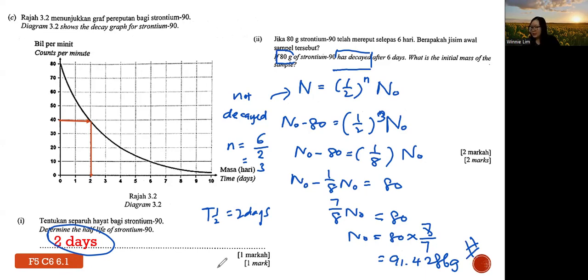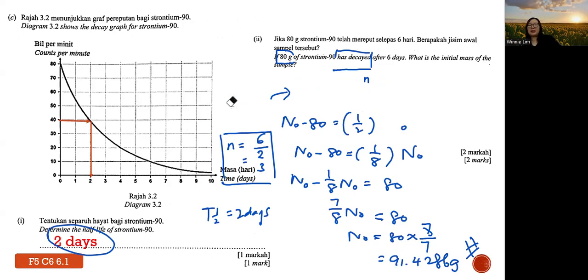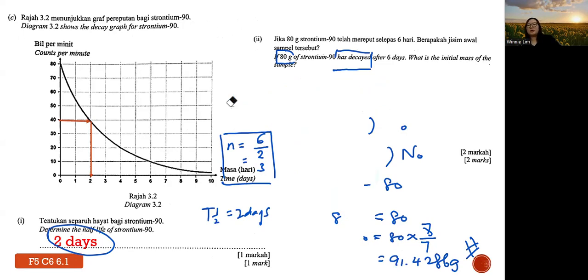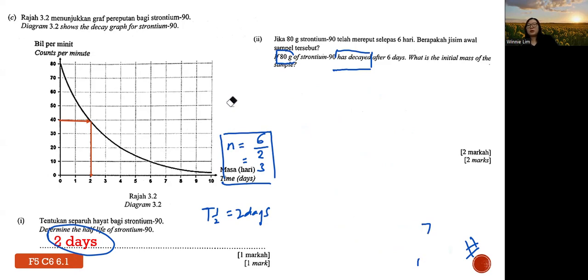Now, in case any of you want to try out the arrowhead method, the idea is we will use fractions. Because they didn't tell us the initial amount, you still need to find the number of half-lives that have undergone, which is 3 times. So for the arrowhead method, it will be like this, in case any of you are interested in knowing how to do it. We use fractions, where the full amount is 1.